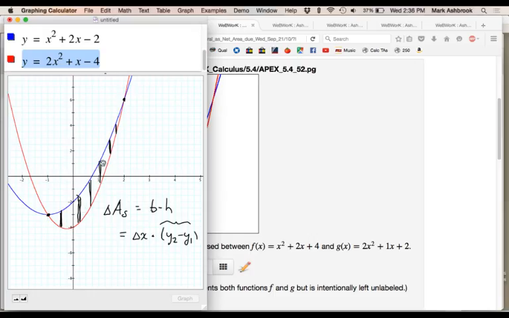And what about here? If you took +1 minus -1/2, would you still get the height? Yes, that height would be 1 minus -1/2, which is 3/2. And down here, -2 minus -4 gives you a height of +2.